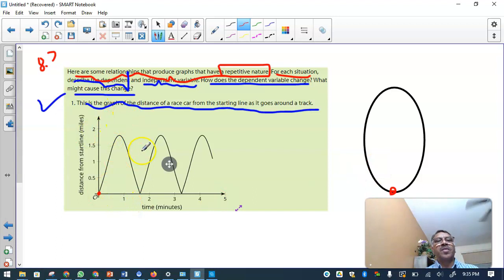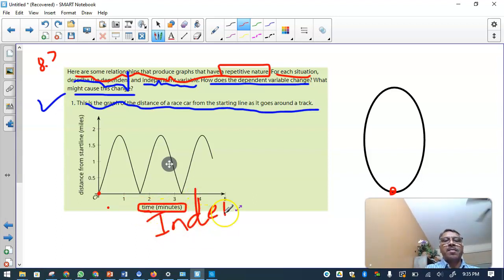So the question is, which is the dependent variable? This time is in minutes, as time passes from the starting point. You're supposed to write in your own English words what the independent variable is. So time becomes your independent variable, because, let's say the car is right here.